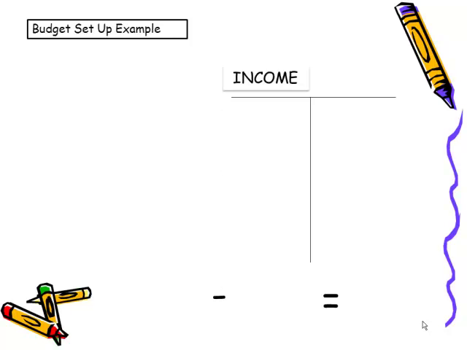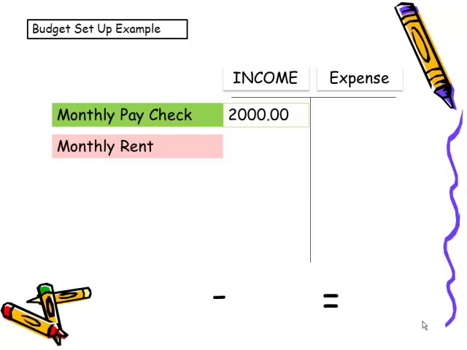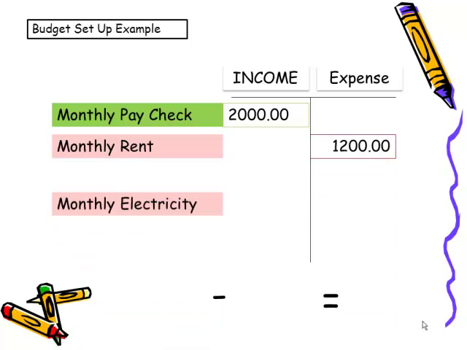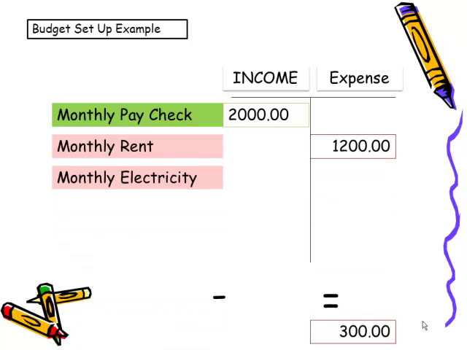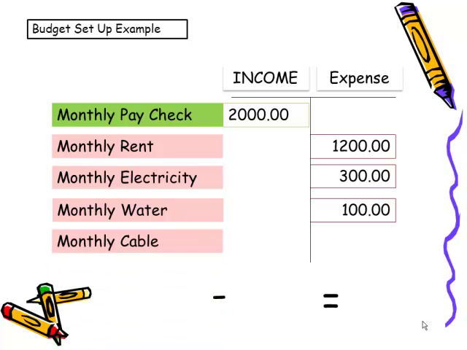A good example here would be to make a T-square, and we list out all the incomes we have. Our monthly pay will be $2,000. We look at our rent, which can be $1,200. Our electricity bill, we figure, is going to average about $300 a month. Our monthly water bill stays pretty much the same at $100, and our monthly cable bill is about $100.